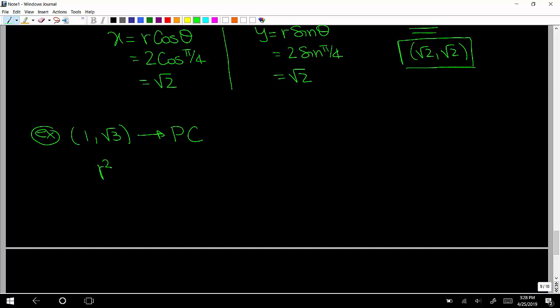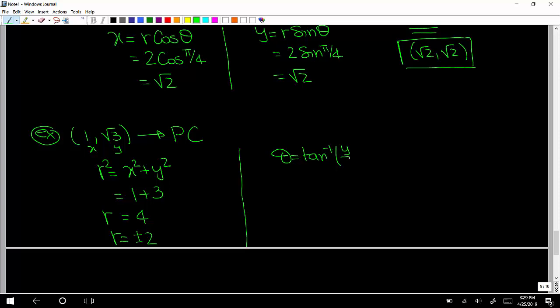So if you recall, r squared is equal to x squared plus y squared. So we get 1 plus 3, which gives us 4. So we get r is equal to plus or minus 2. Now you'll have to decide which sign you want to use, and we'll take a look at that. And the angle theta is given by tan inverse of y over x. So it's going to be tan inverse of square root of 3. Well, tan inverse of square root of 3 is pi over 3, 60 degrees.